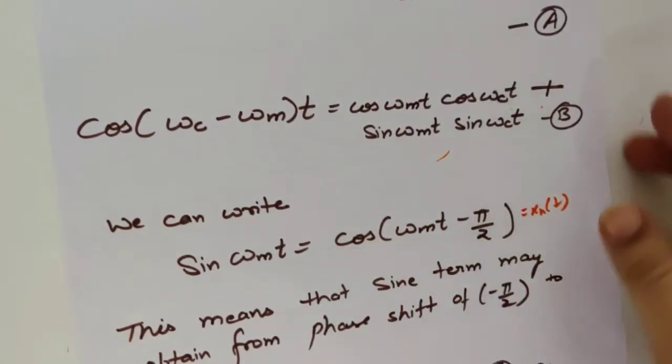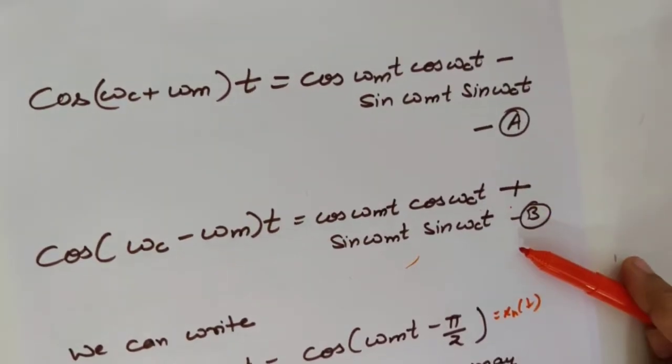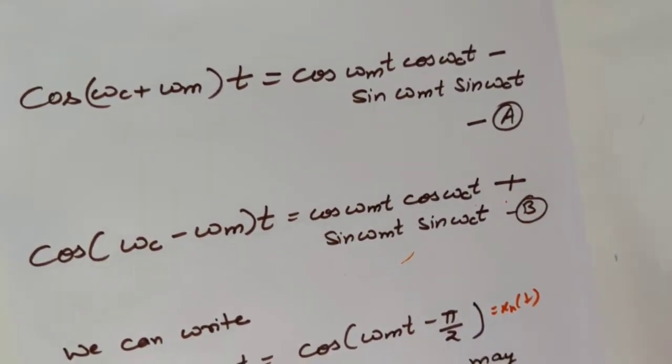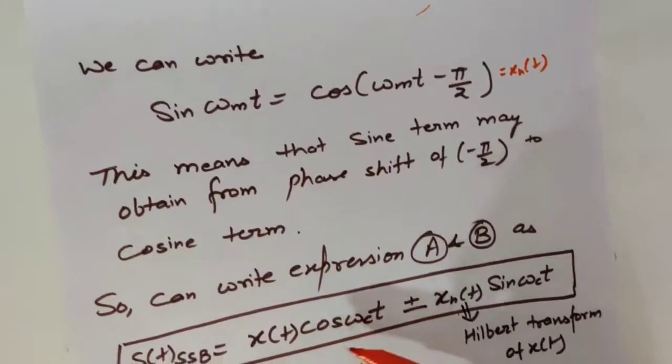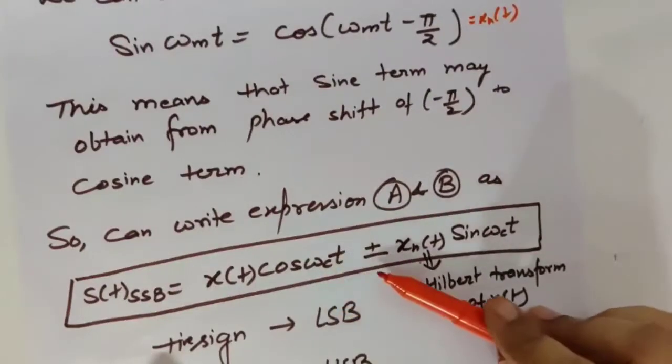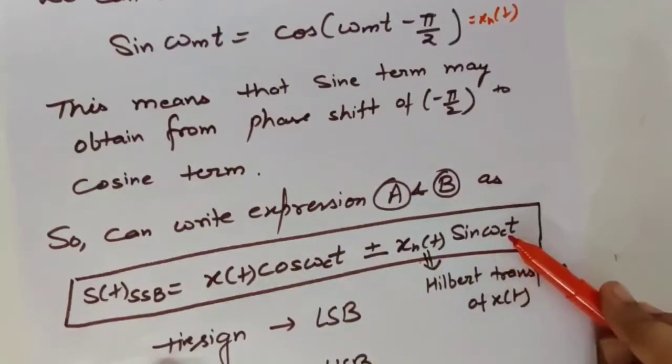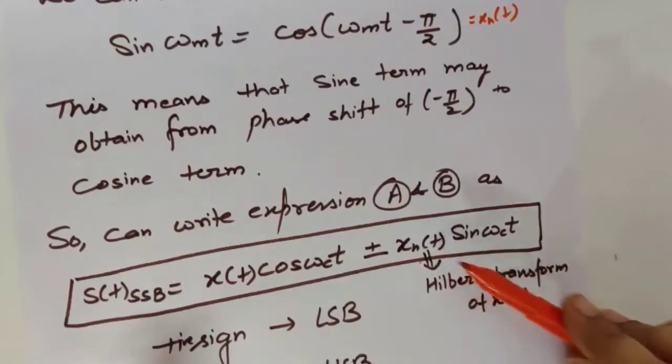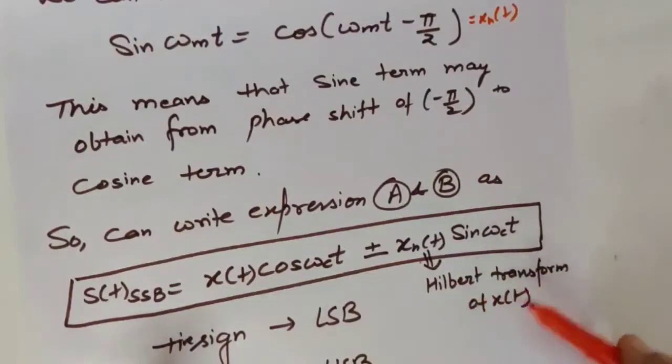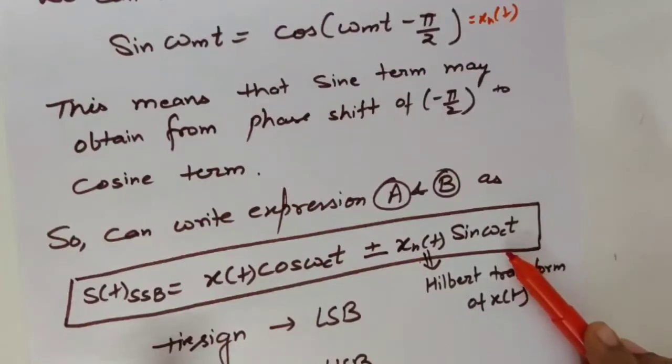So we can write equation A or equation B as x(t) cos omega ct plus or minus xh(t) sin omega ct, where xh(t) is the Hilbert transform of x(t), that message signal. This is the equation of your single sideband suppressed carrier system.